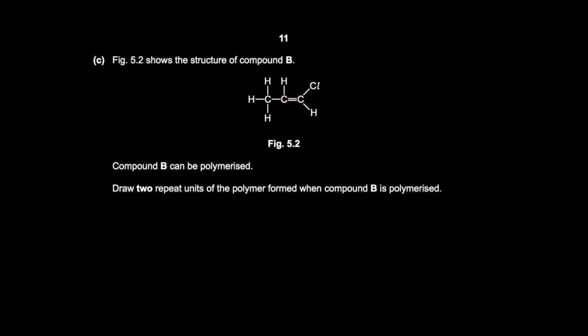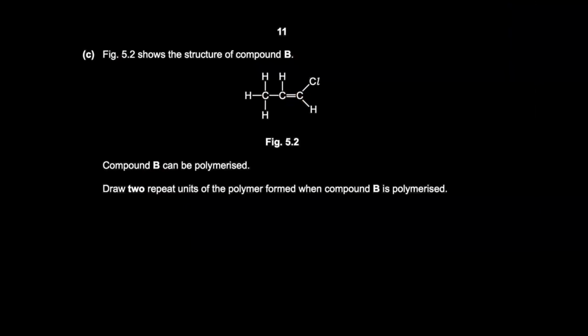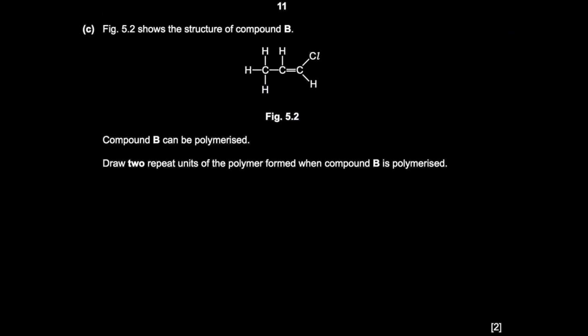Alkenes undergo addition polymerization. Condensation is जब आपके polyester या polyamide बनता है. यहाँ पर वो कुछ भी नहीं है. Right? So we have an alkene over here. It will undergo addition polymerization. What happens in addition polymerization? Your double bond, your alkenes add on to each other.